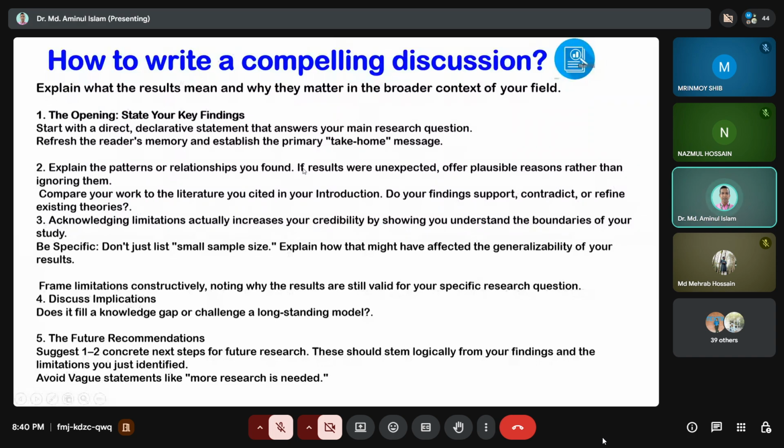What I found is that those authors who are comparatively new could not write discussion well. On the other hand, those who are experts can write discussion very well. So initially, it is difficult to write a good discussion. Then I provide suggestions: include these, cite papers from good journals, and compare your findings with previous findings.